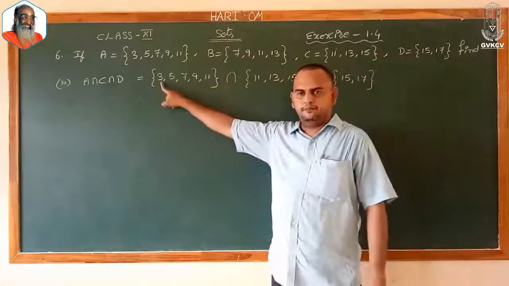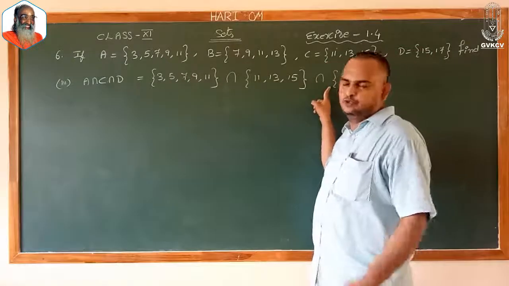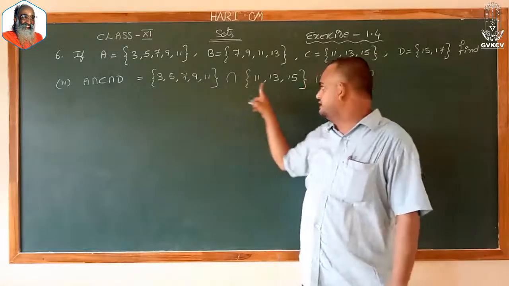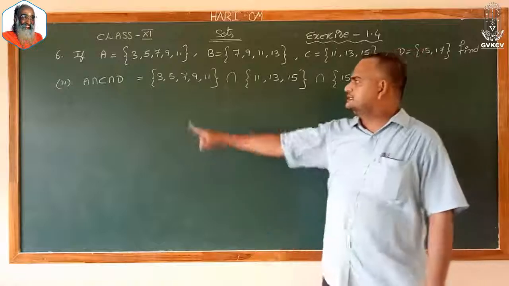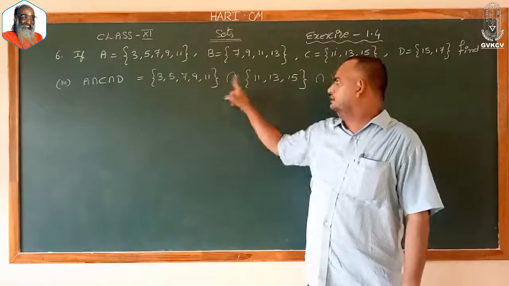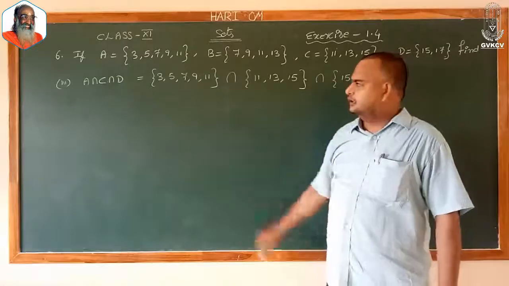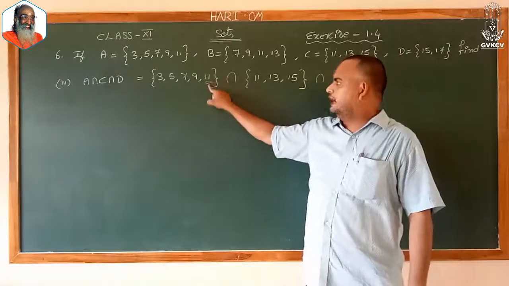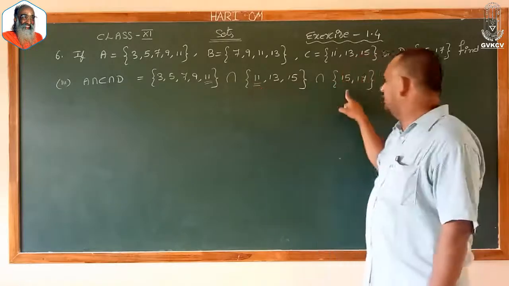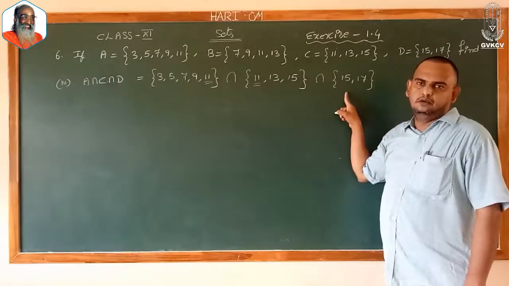3 is in the first set, but it is not in the other sets, so 3 is not a common element. 5, 7 and 9 are not in the other 2 sets either. 11 is in the first set and the second set, but not in the third set.